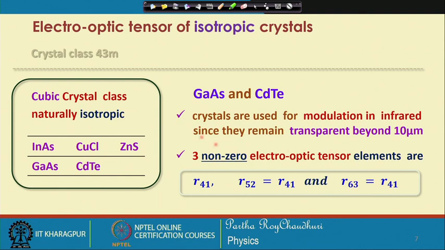So, you have seen that for this isotropic material gallium arsenide, the 3 non-zero electro-optic tensor elements are R41, R52 and R63, but incidentally all these 3 are equal and equal to the value of R41.